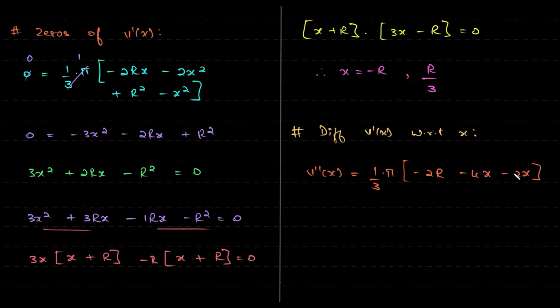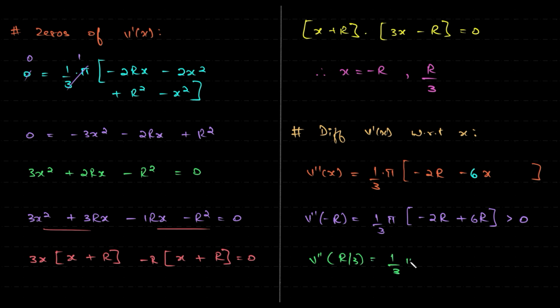Yes. Actually, I could have simplified this itself. Anyways, so I'll write this as 6 minus 6. So all in all, when I substitute x equal to minus r in the double prime, that would be 1 by 3 pi times minus 2r plus 6r. So this would be a positive value, indicating this is a minimum. While for r by 3, let's see what it does.